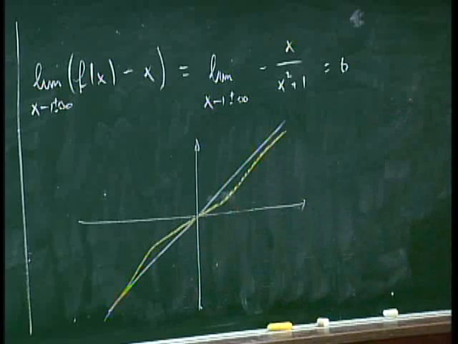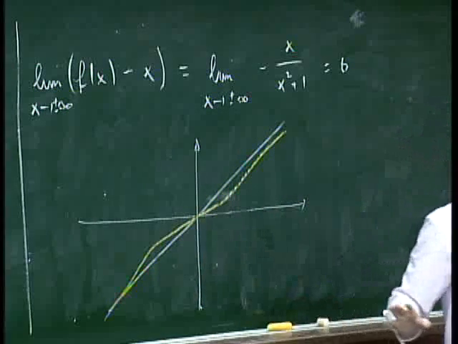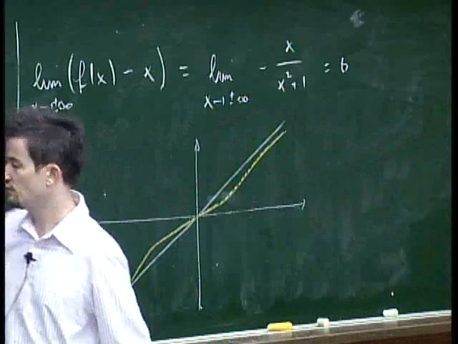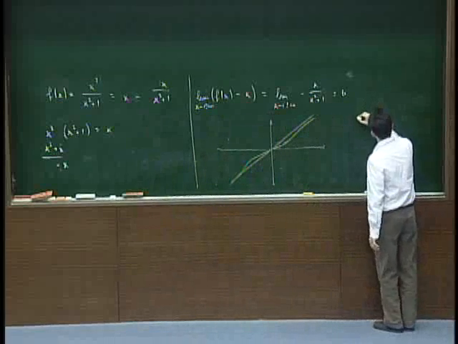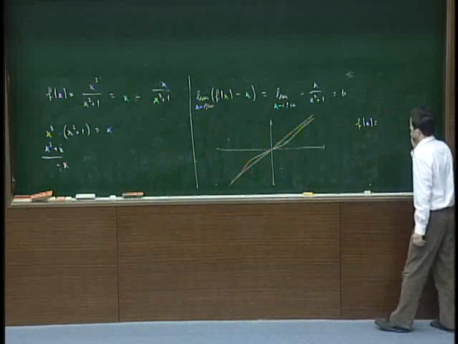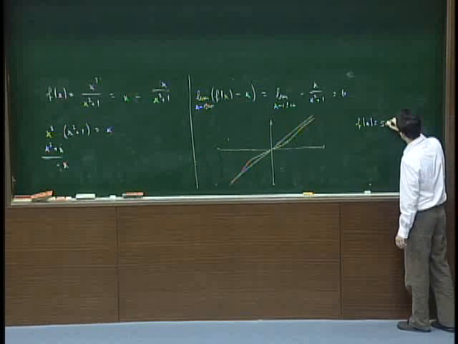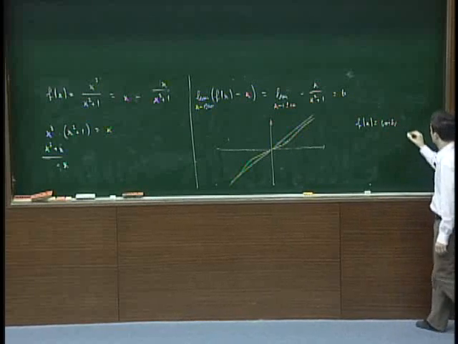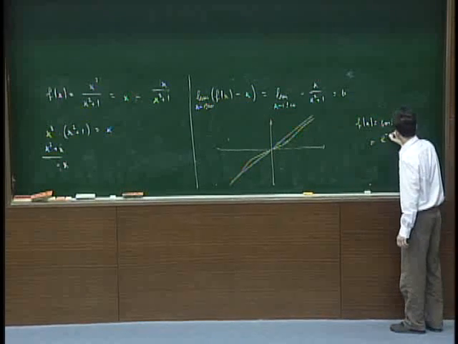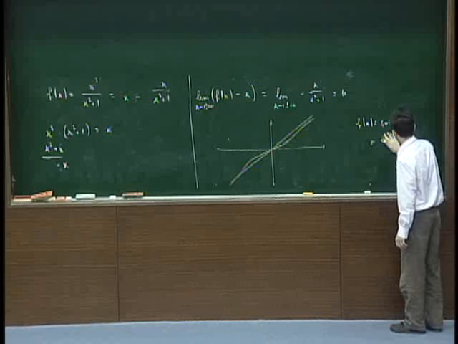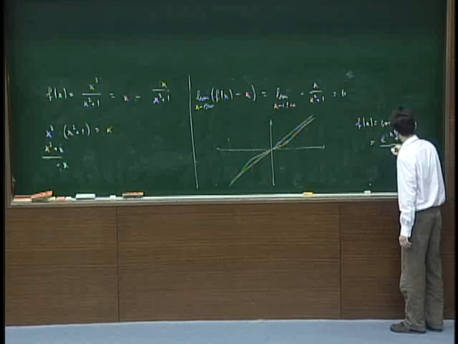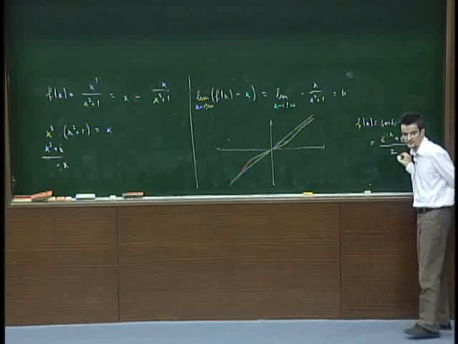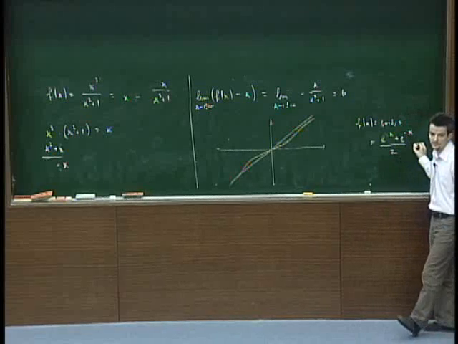Okay, and this is quite helpful because it tells you already for x large, it gives you a feeling how this function looks like. For instance, if you look at the hyperbolic cosine of x, here you see that as x is getting large, this here will be very, very small.